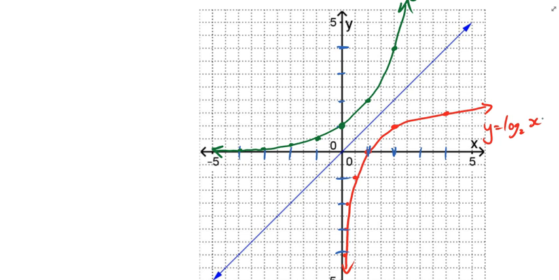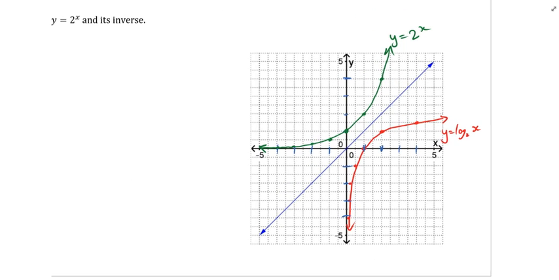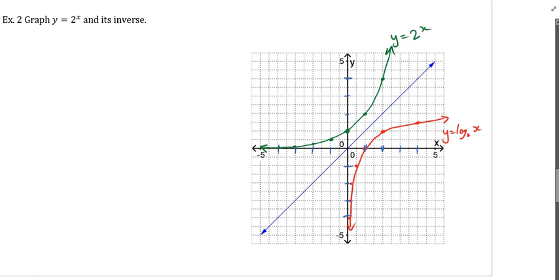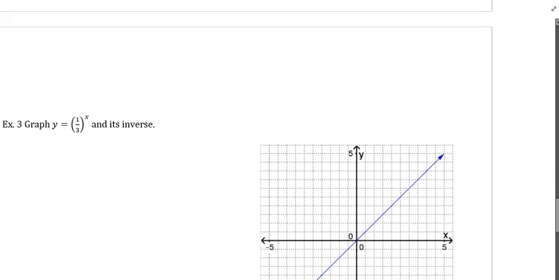Easy enough? So it looks like a reflection. You can see that it is, but interchanging the x and y is a nice way of thinking about it, at least for now. Okay, one more.